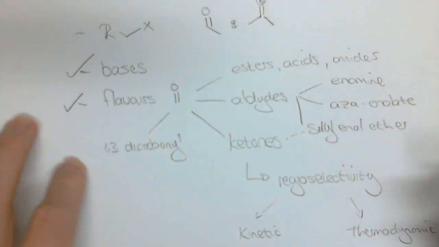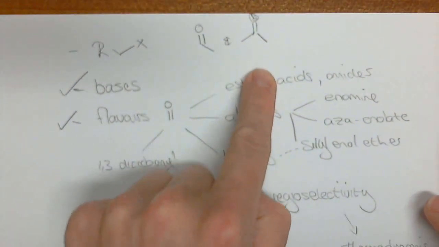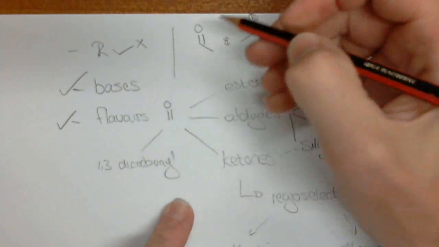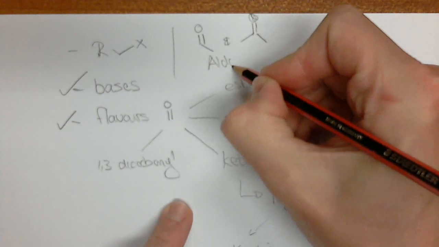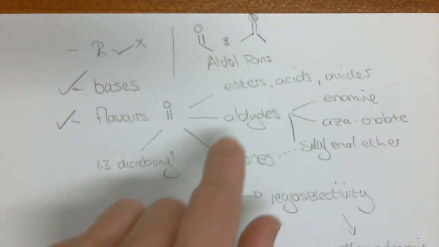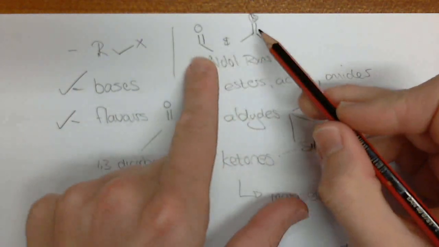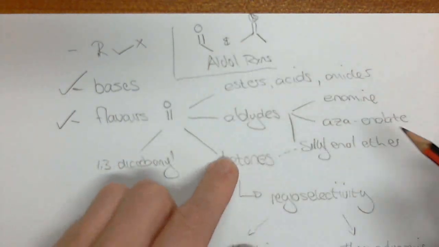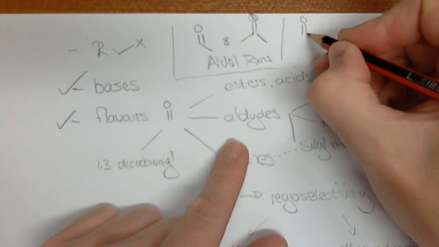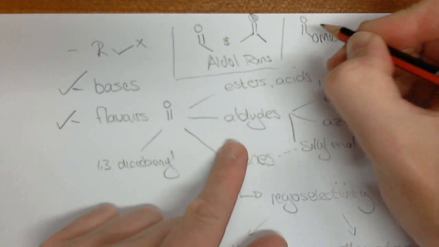Both aldehydes and ketones can act as electrophiles, and so we're going to be looking at that under the guise of aldol reactions. The carbonyl itself, in the form of an ester, is also something which you're going to be coming across.